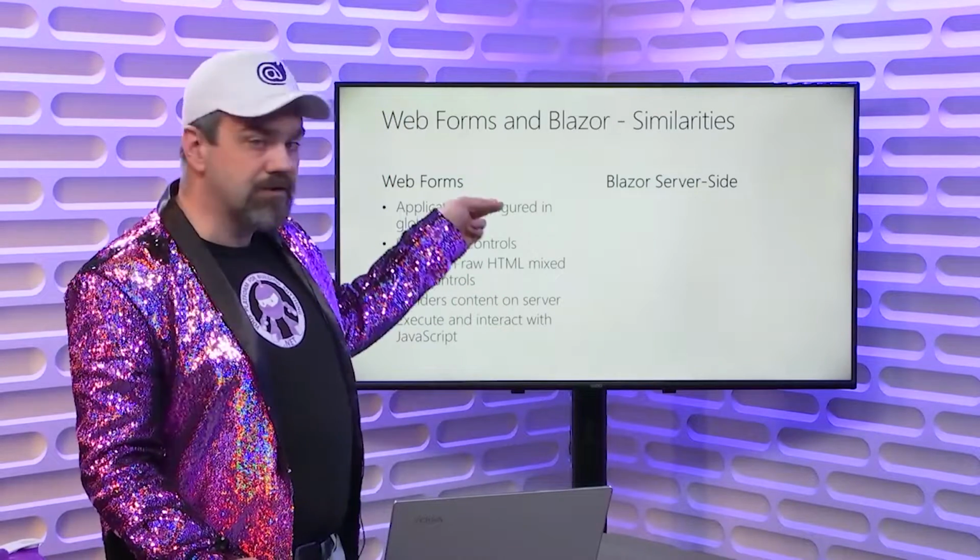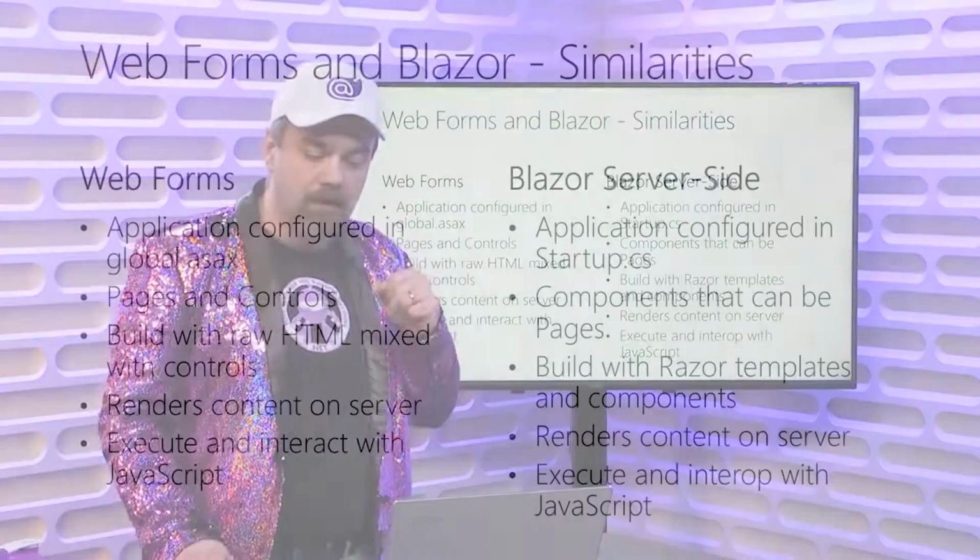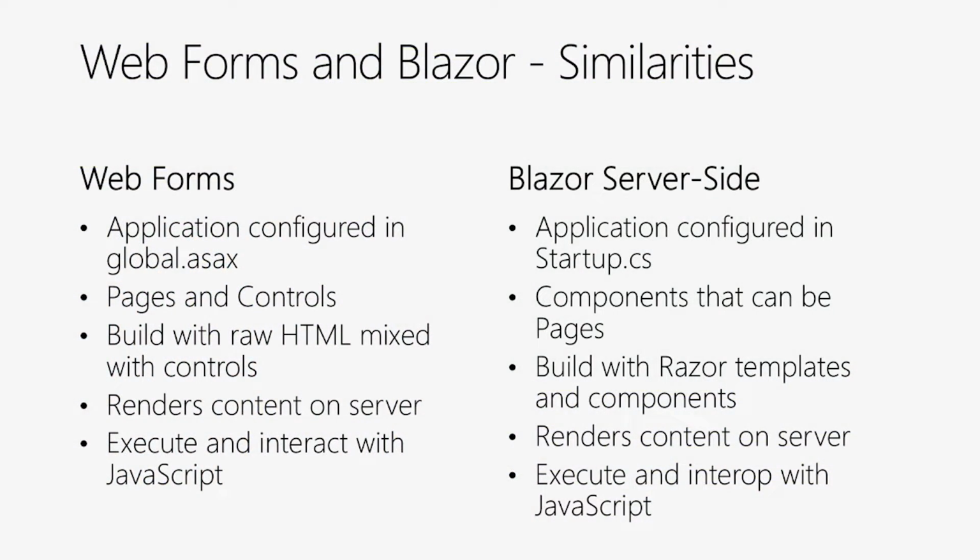But what about Blazor server side? Well, check this out. Very similarly, we're going to configure an application in now a startup CS file. So we have similar application startup events that we can handle and configure. And in our first demo, you're going to see just how similar they are. Instead of building pages and controls, you're going to build components that can be compiled and listen on a route, much like a page, or consumed like a control.